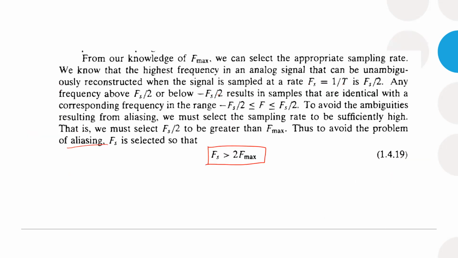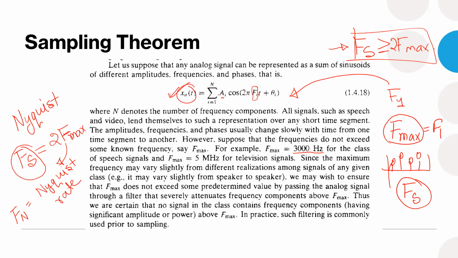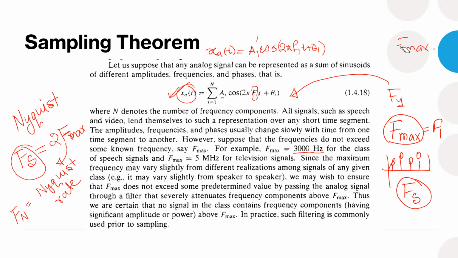So we can write this signal like this. XA(t) can be written as A1 cos(2 pi F1 t plus theta 1) plus A2 cos(2 pi F2 t plus theta 2) plus A3 cos(2 pi F3 t plus theta 3) and so on.